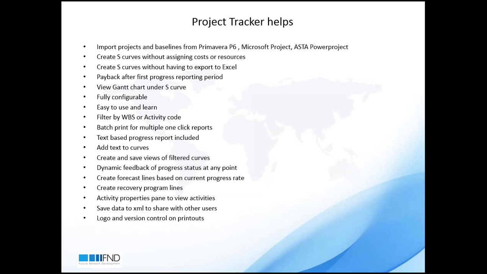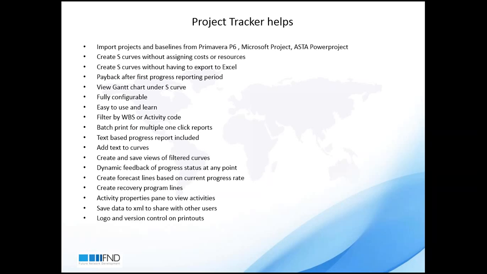We can create our views and prepare them to print. So with one click we can have multiple batch prints. Project Tracker not only produces S-curves but also gives us a text-based progress report, and we can actually edit this report if we want to add some extra information.